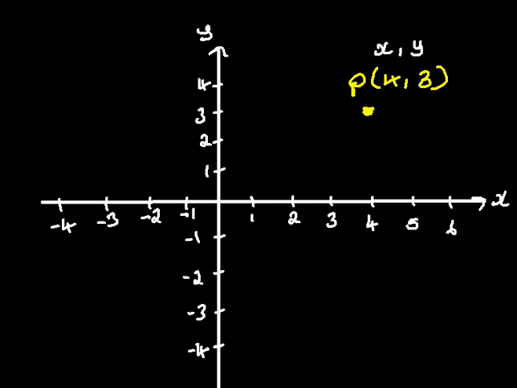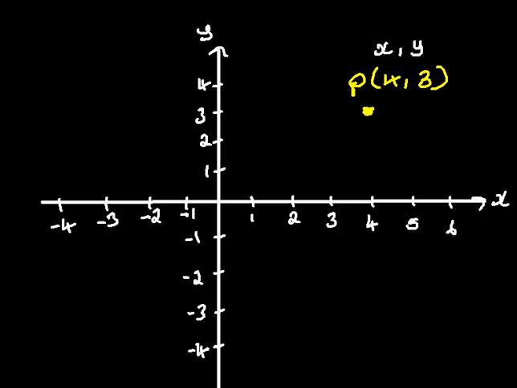Now, what is the image of a point P along the y-axis if it is to be reflected? If the point is to be reflected along the y-axis from this quadrant, in this case the point is in the first quadrant, and its reflection or image along the y-axis will only be formed if 4 is negative.